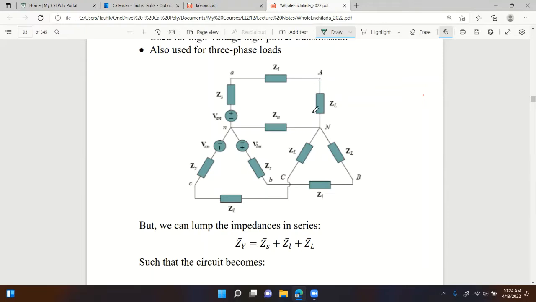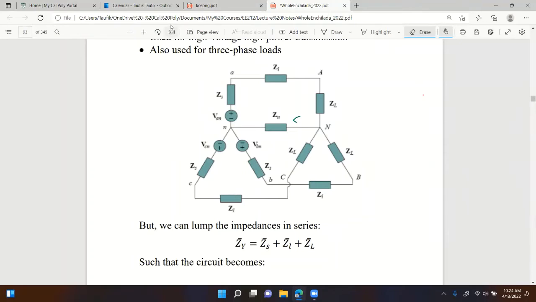That means if you add the currents, there's going to be non-zero current flowing through this neutral conductor. So this neutral conductor allows the unbalanced current to go back to the source. However, for this class, what we'll be dealing with is just balanced systems.